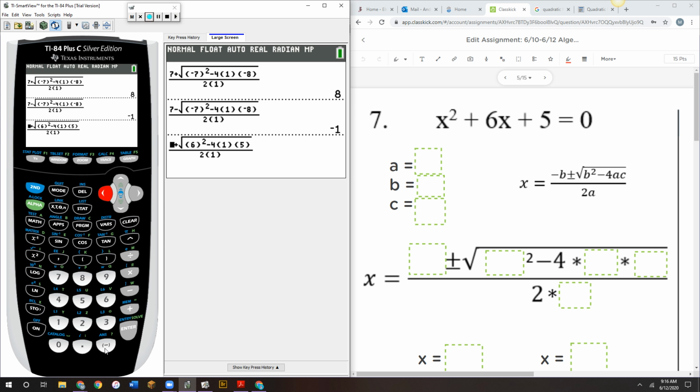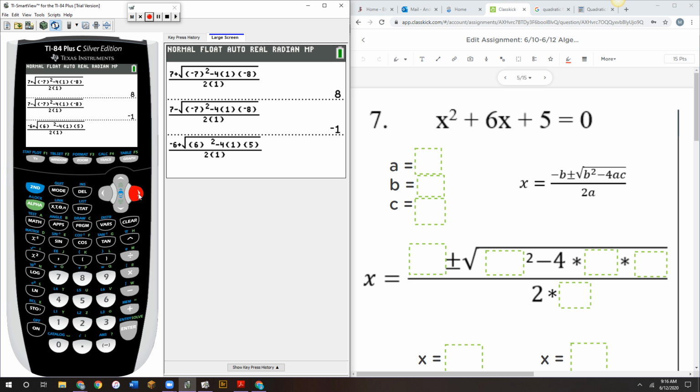If I just type a negative key here, the cursor goes right to the plus sign and I can't put in the 6. So what I need to do is hit the INS, and let me see, do I hit the 6 first? Nope, I got it backwards. I'll hit the negative and then the 6, and just look at it and make sure that it looks right. The negative sign and then the 6.